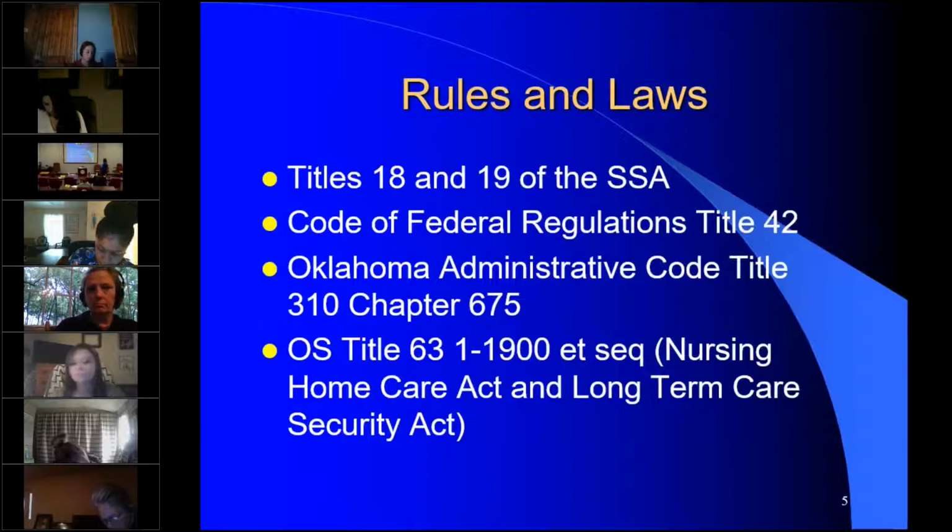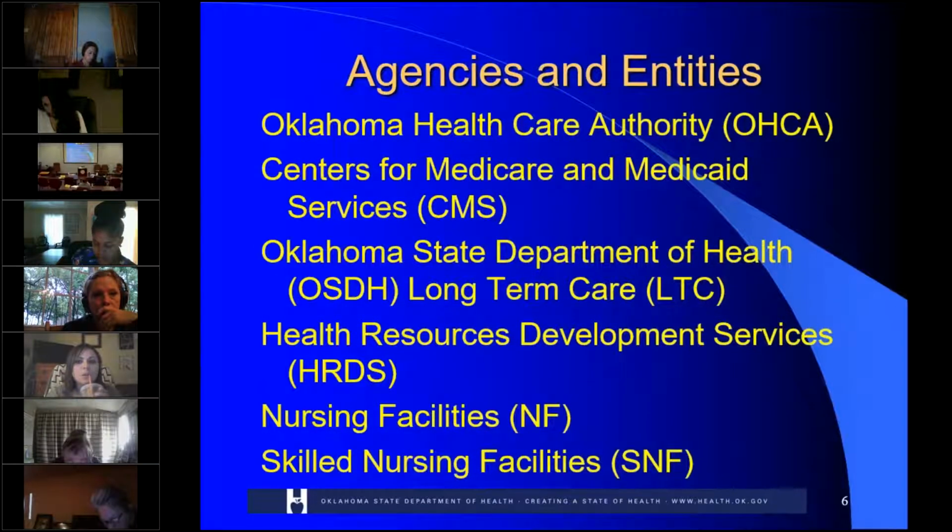Okay, and OS Title 63, this is the Nursing Home Care Act and Long-Term Care Security Act. So these are the regulations that this information comes from and that we base decisions on. Oklahoma agencies and entities: Oklahoma Healthcare Authority. So this is who your contract is with, right?